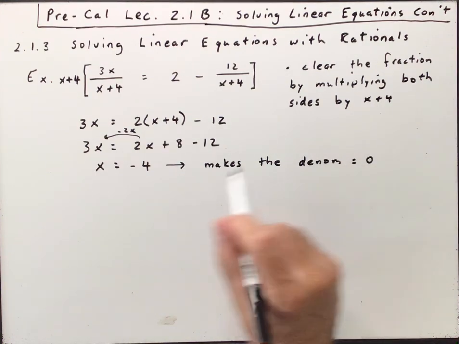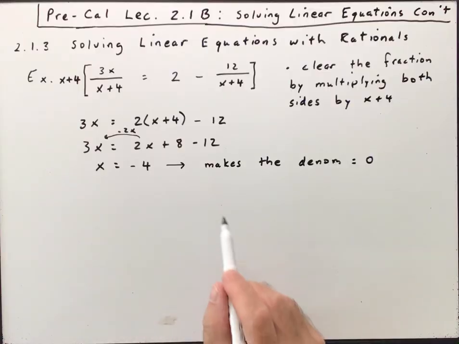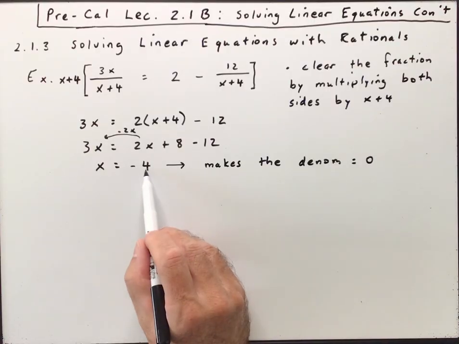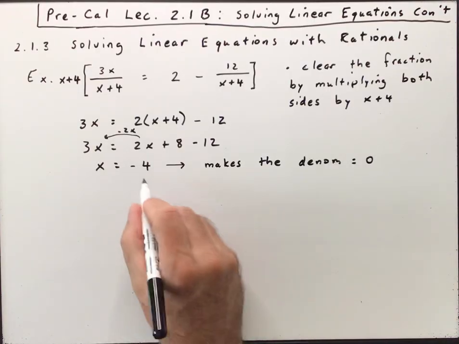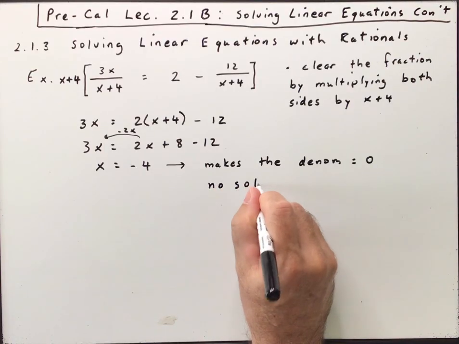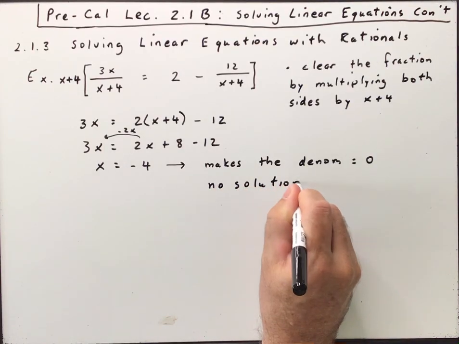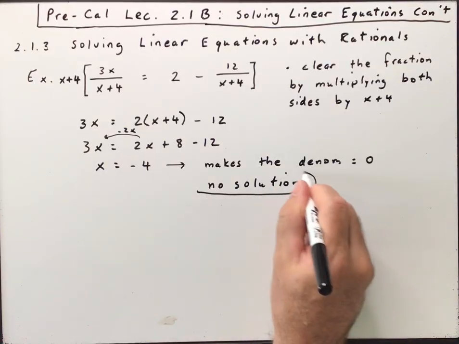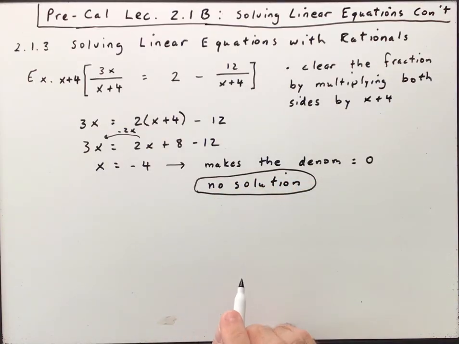So you do have to go back and look with your final answer. Is it legal, that x value? And the answer is no. There is no solution. All right, so there might be some in your homework that is like that with no solution. So just be careful, make sure that you check.